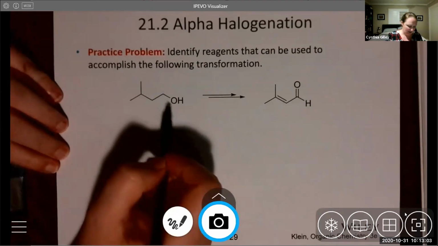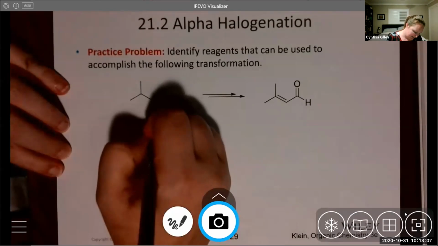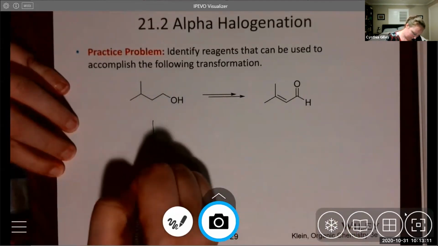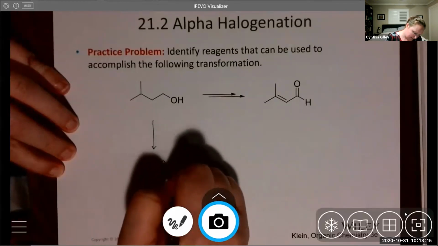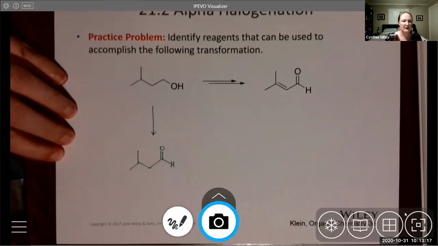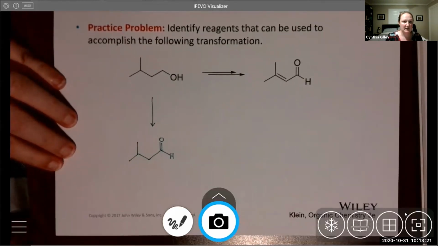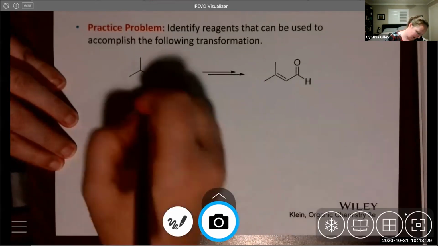So right now we only have the alcohol, but we of course know that we can oxidize this alcohol to an aldehyde. And aldehydes and ketones are the starting material to form enols and enolates, which are the intermediates that we're studying for the reactions in this chapter. So again, oxidation of a primary alcohol to an aldehyde.